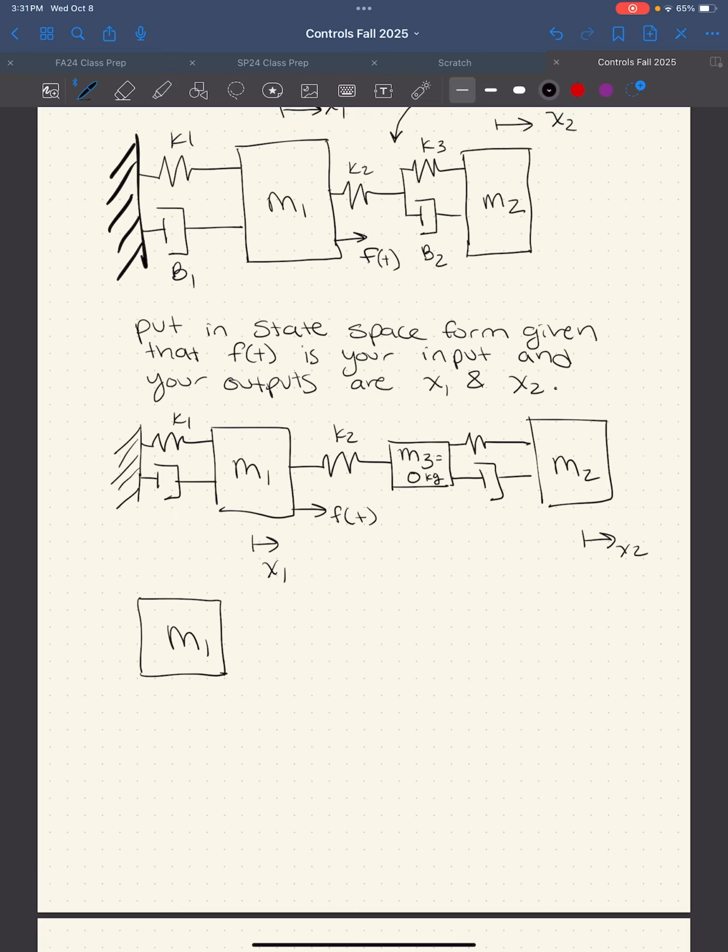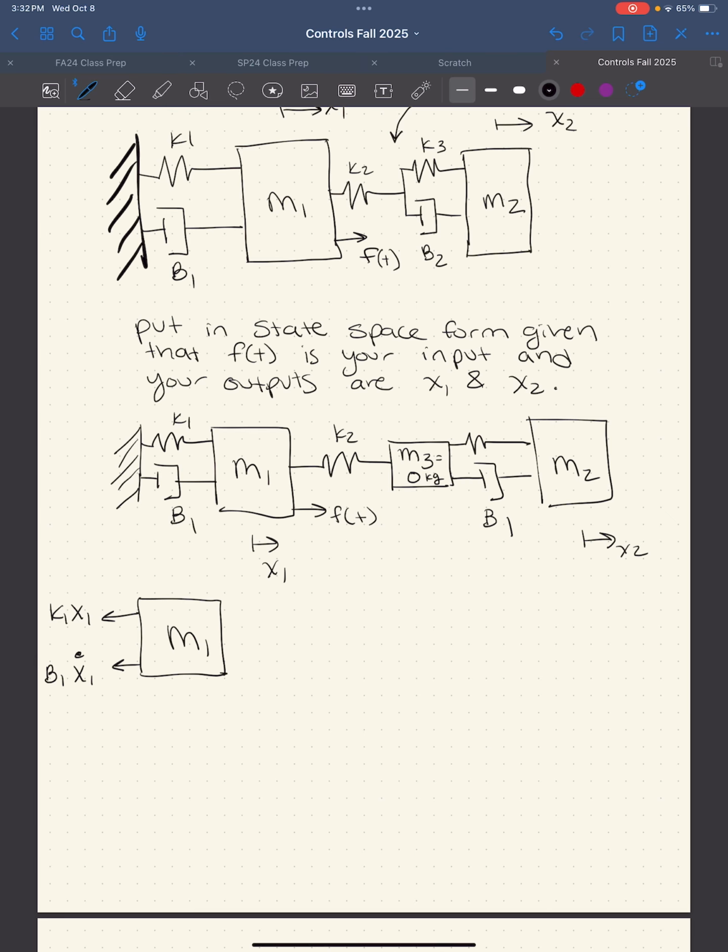Okay, if I move M1 in the direction of positive x1 displacement, I need to give myself some more constants here. If I move in the positive x1 direction, this spring is going to pull back, k1 x1. This damper is going to pull back with b1 x1 dot.